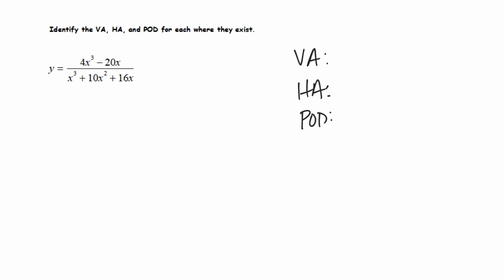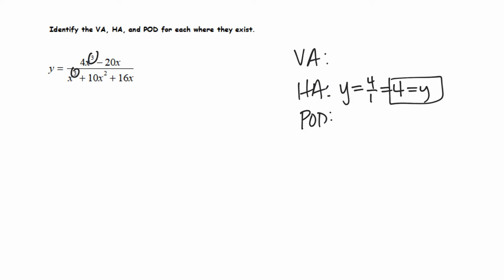So if you look here, this is a third degree over a third degree, which is same over same. So this means that I'm going to have a horizontal asymptote that is the ratio of the coefficients. So that would be 4 over 1, which obviously is just 4. So I have a horizontal asymptote at y is equal to 4.